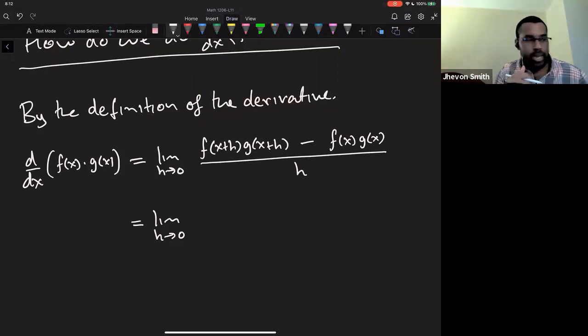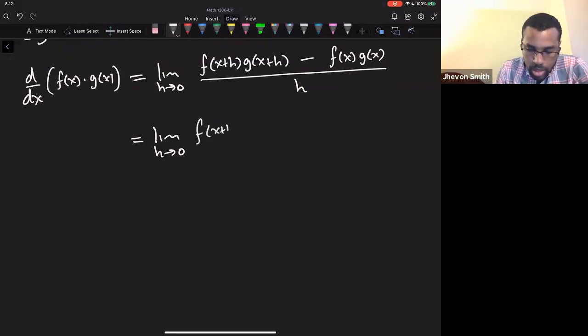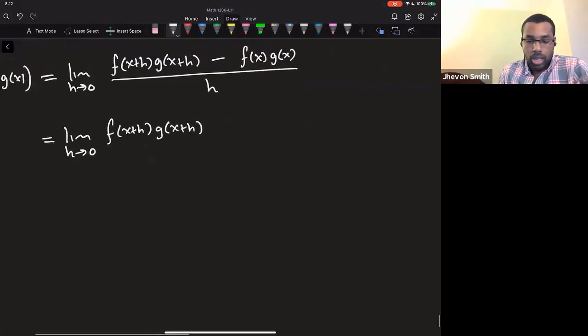So back in algebra class when you were learning how to complete the square, that might be something you learned. So f of x plus h, g of x plus h.